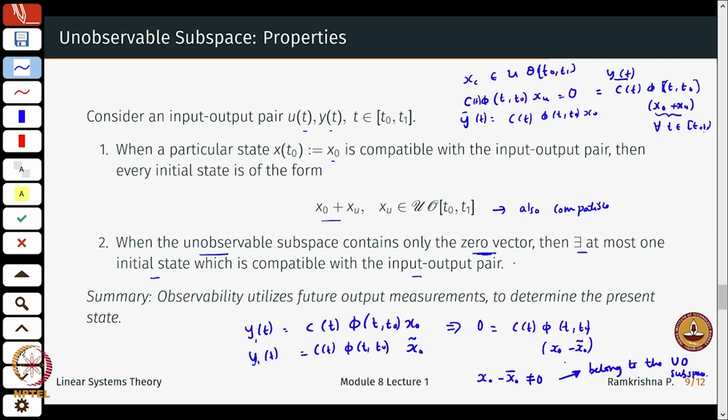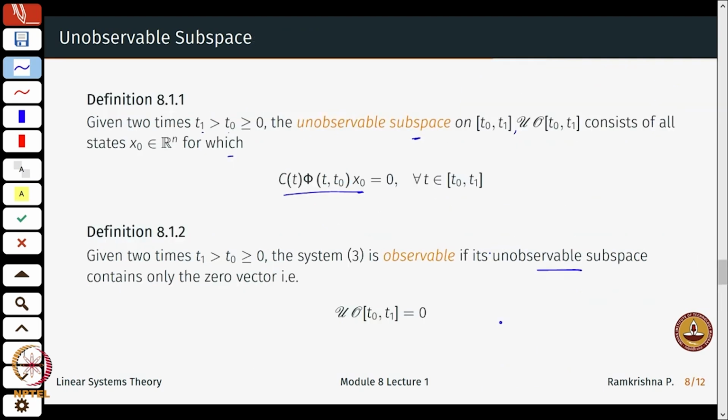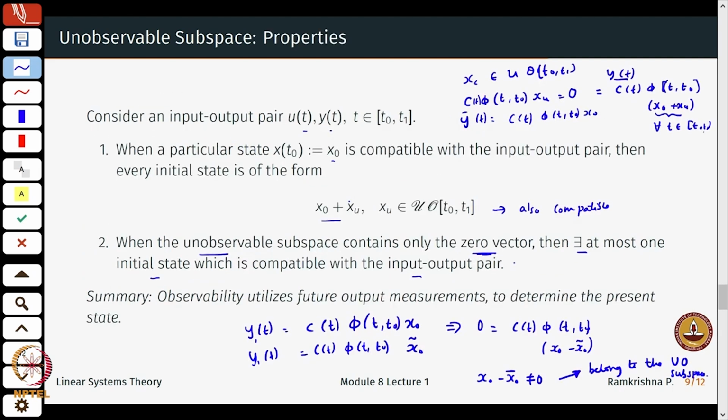So what was the claim? That when the unobservable subspace consists of only the 0 vector, then there exists at most one initial state which is compatible with the input output pair.